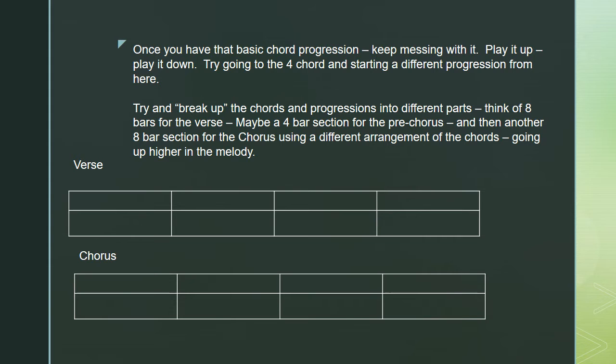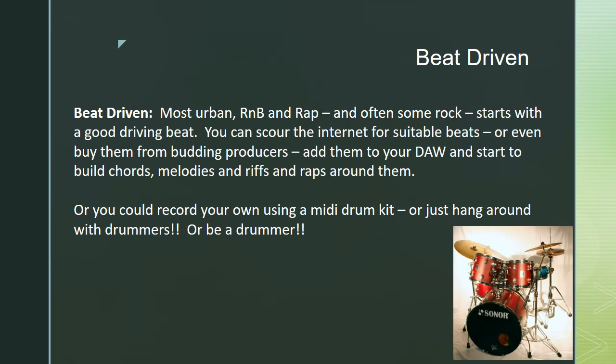Our second way of approaching songwriting is called beat-driven. That's where, obviously most urban or R&B and rap, and some rock starts with a good driving beat. And you can scour the internet for suitable beats, or even buy them from a budding producer and add them to your desktop audio workstation.